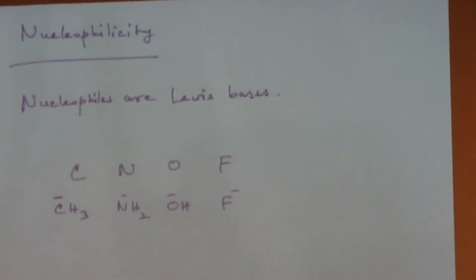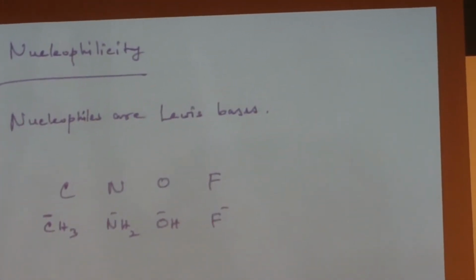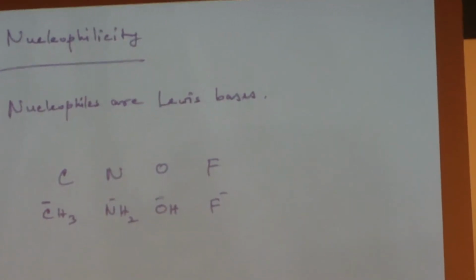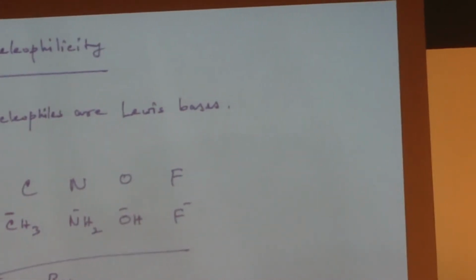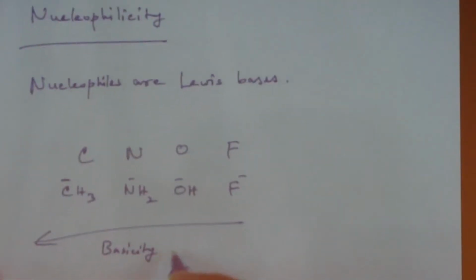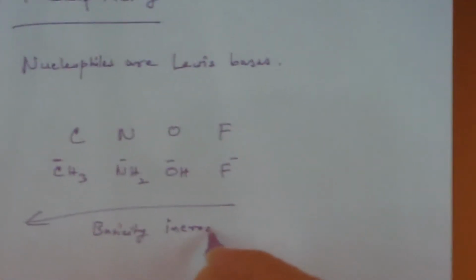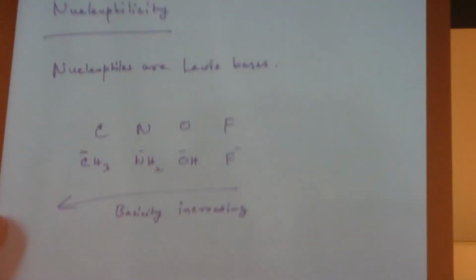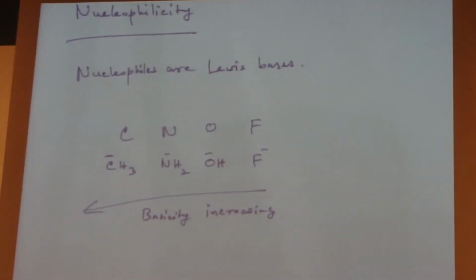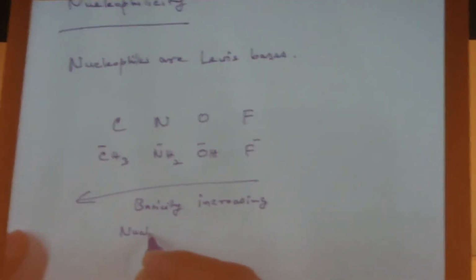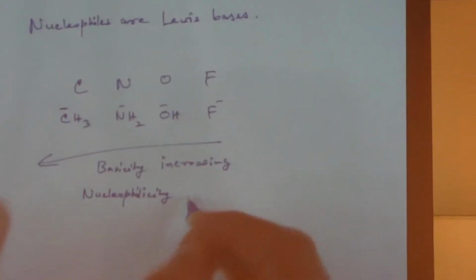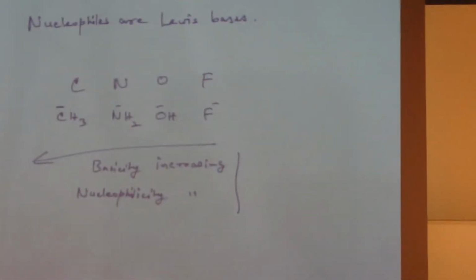When we look at them, we can see that the basicity is increasing in this order. Basicity increasing. And at the same time, nucleophilicity also increasing. Same order. They are going in the same direction.